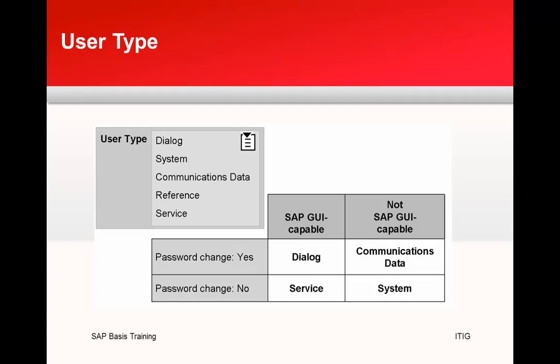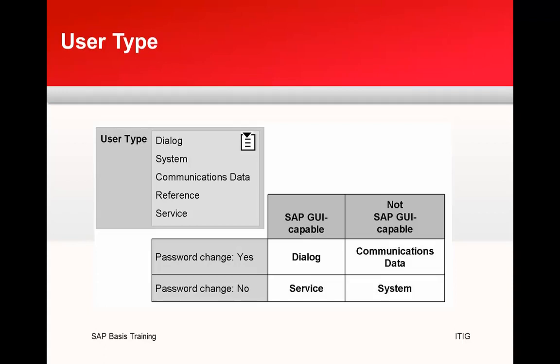During a dialog logon, the system checks for expired passwords and initial passwords, and the user has the opportunity to change his own password. Multiple dialog logons are checked and logged. Basically there is a table called USR41_MLD where we can define whether multiple logons are possible or not. So that is about the dialog user.